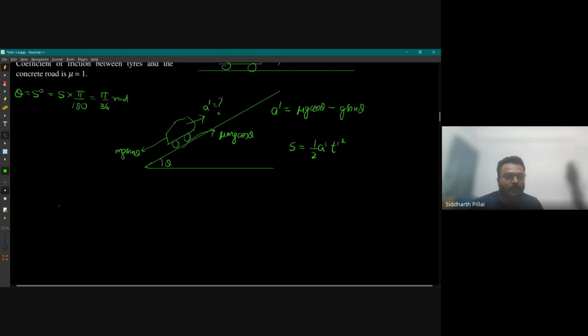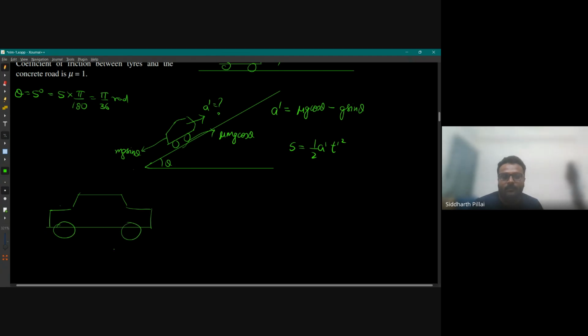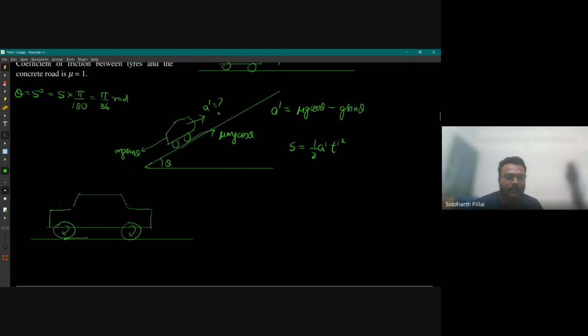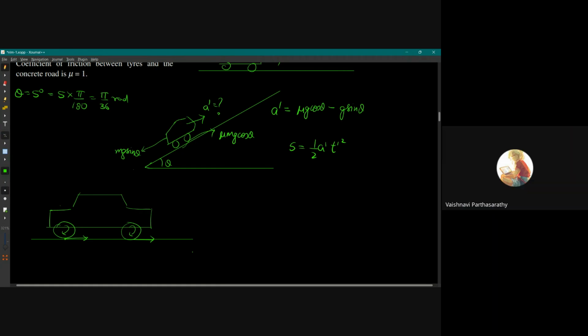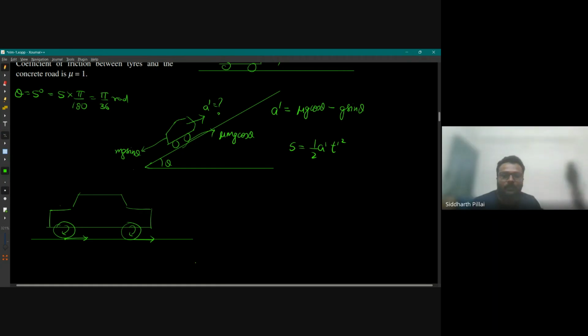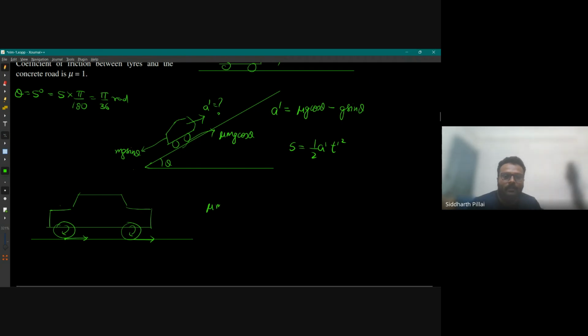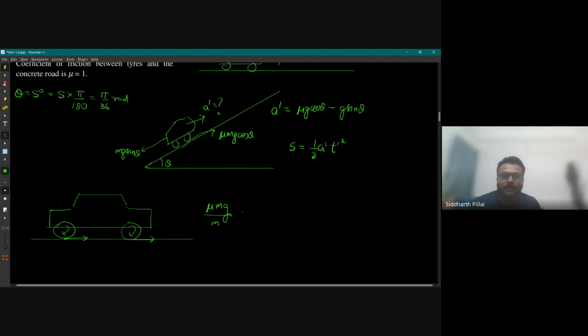The engine of a car, what does it do? It rotates the wheels, and then it's the friction acting between the tires and the road which is propelling the car forward. What is the maximum friction force possible? That is mu mg of the car. Divide by mass, you'll get maximum acceleration as mu g.